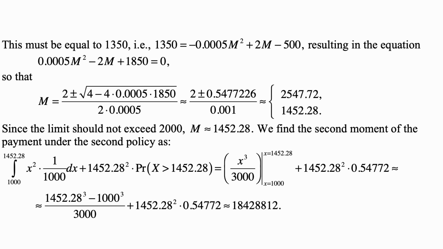So this ends up being x cubed over 3,000 evaluated from x equal to 1,000 to x equal to 1,452.28 plus 1,452.28 squared times 0.54772, and then we calculate all that and end up with 18,428,812.